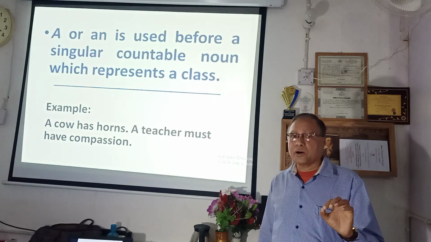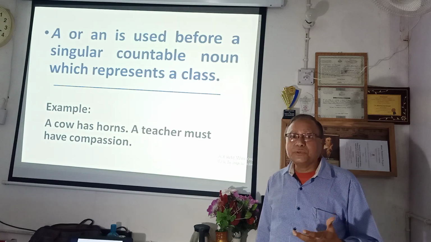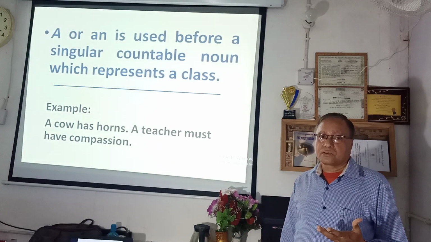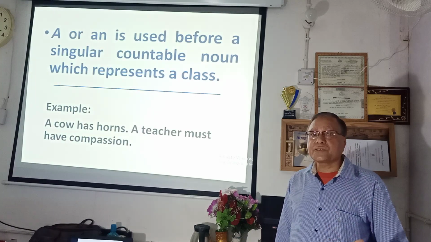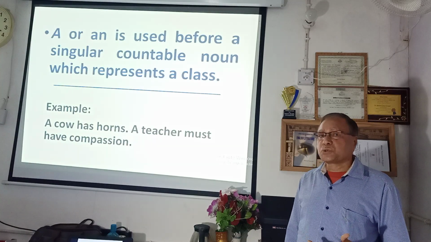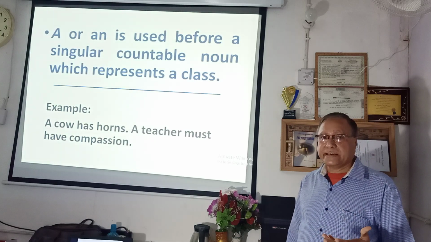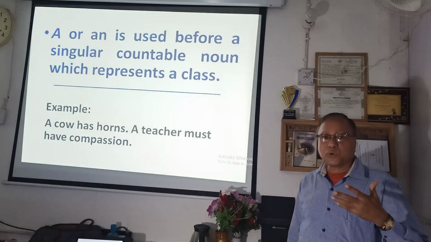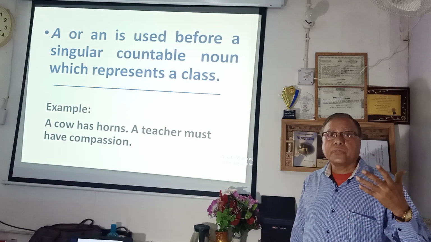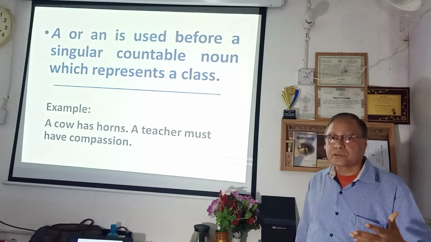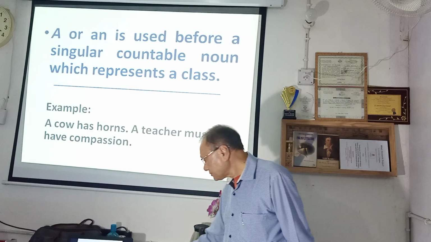We are talking about the whole community of teachers. So this is a universal fact here. So that's why we can use a or an before such a countable noun when it represents the whole class.